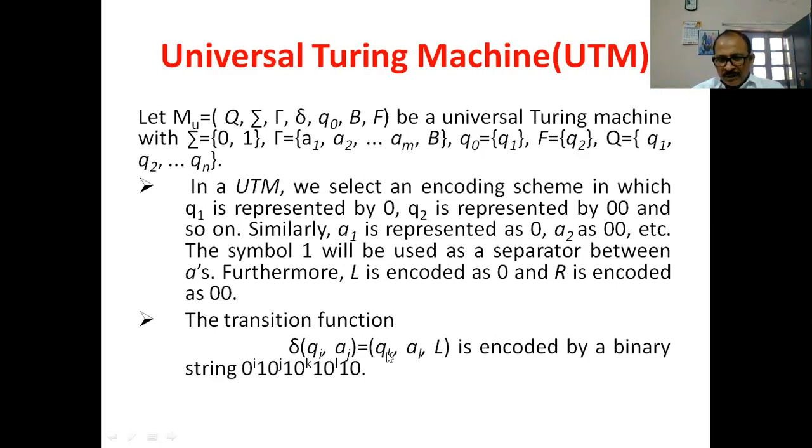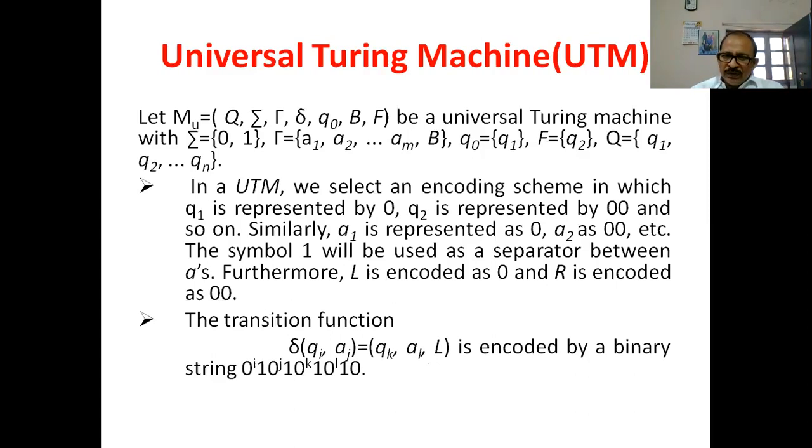Next is Qk, converted as k zeros, followed by a separator 1. Now Al is encoded as 0 to the power l, then a separator 1, and next the direction, where L is encoded as 0 and R is encoded as 00.